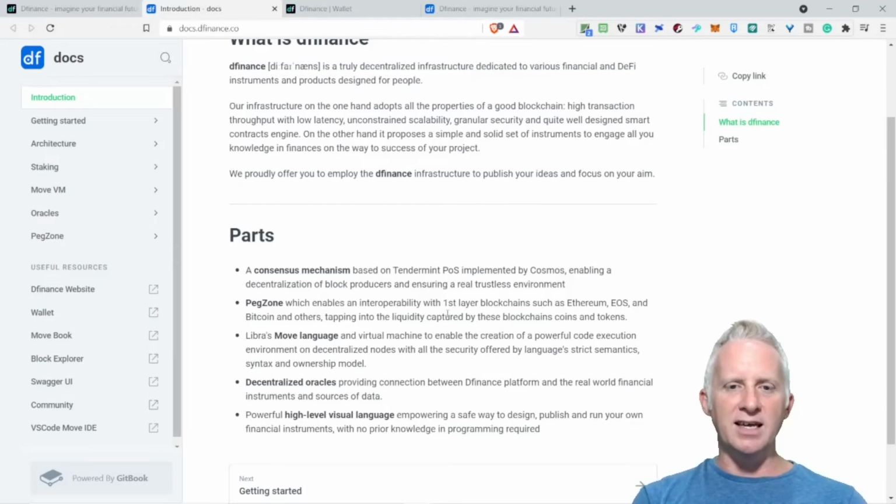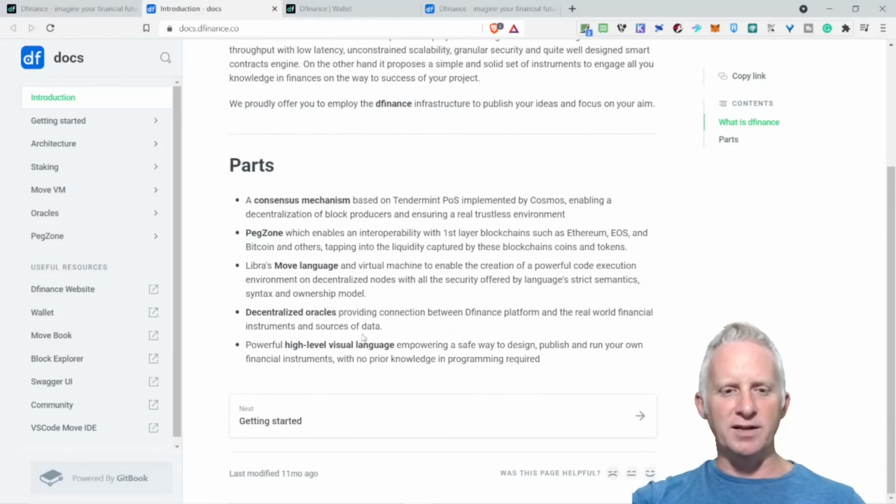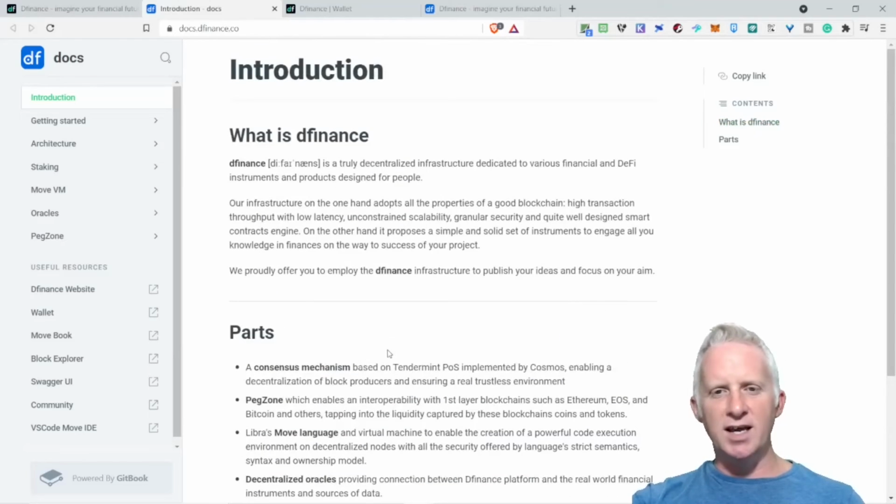On the other hand, it provides a simple and solid set of instruments to engage all your knowledge and financials on the way to the success of your project. We proudly offer you to employ the Dfinance infrastructure to publish your ideas and focus on your aim. As you can see, they have the consensus mechanisms, peg zone, Libra Move language, decentralized oracles, and a powerful high-level visual language. This is a really interesting concept.